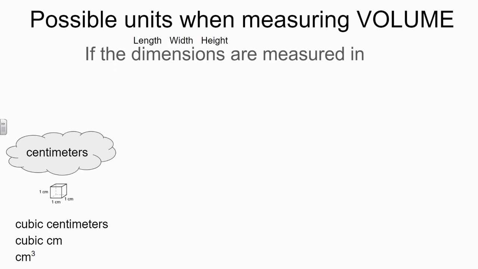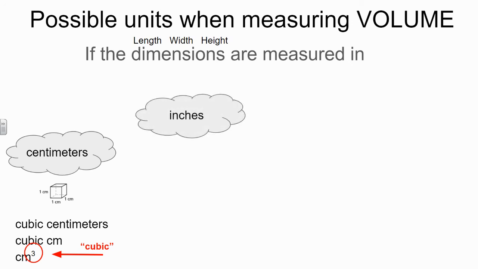You can spell it all out. You can just abbreviate centimeters as cm. Or look at this really clever way here. You take cm for centimeters, but then you take a little exponent of a 3, and that actually stands for 3-dimensional or cubic. So all 3 of those are different ways to say the same thing. That would be how you would label your volume if you measured your dimension in centimeters.